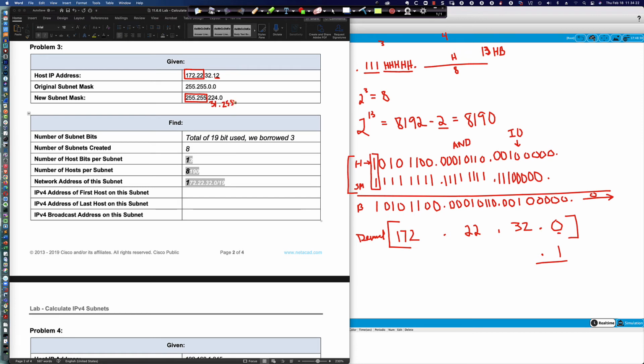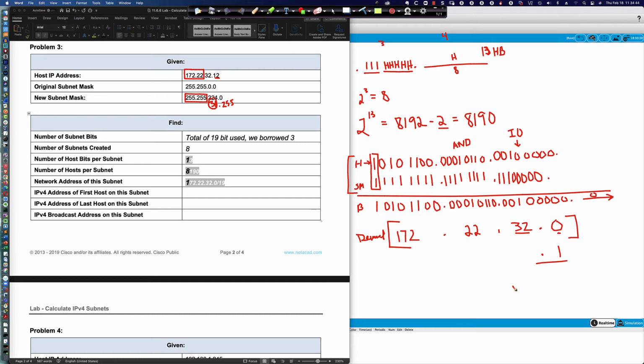Now, here's the trick, right? So we end up with 31, 255, but you can see that the network ID here is 32. So all you do is add this value to that value, excuse me, in terms of getting the last IP address.